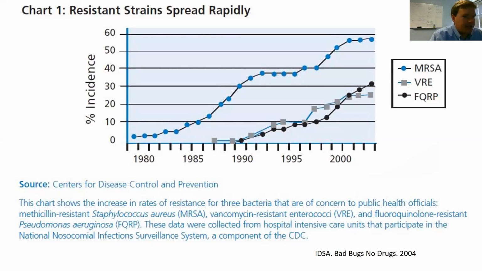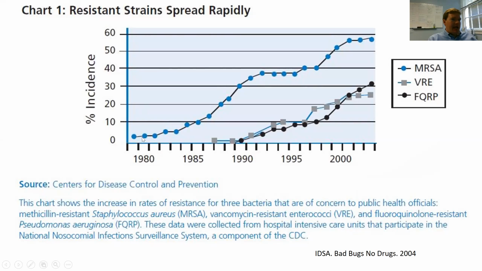So this is an old chart from 2004 from the IDSA, but I include it just because it has some good historical data. So the blue dots are MRSA. Can you guys see the cursor, Amy? I don't know.